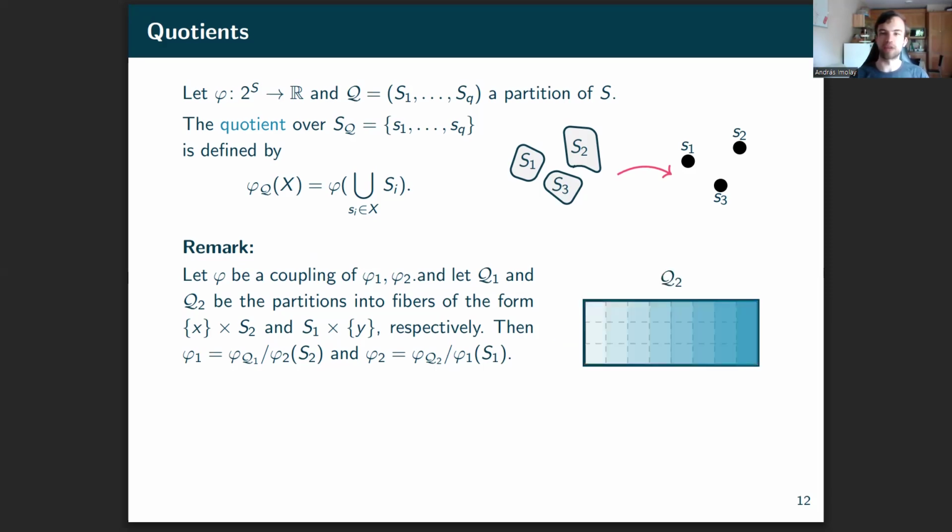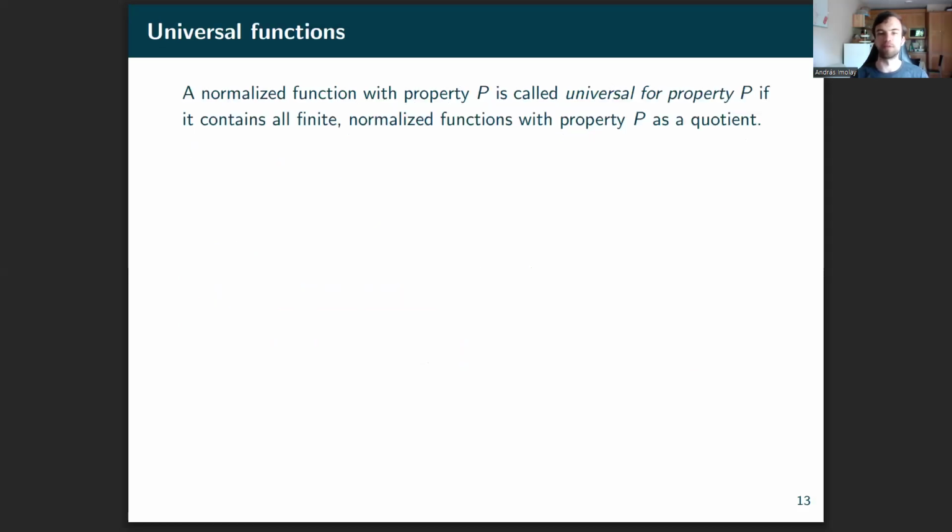And also, if we look at the partition corresponding to the columns, then the quotient with respect to this is the second function. Actually, this was our main motivation for examining these couplings, because we wanted to find a kind of common lift. That is, if we have two submodular functions, we wanted to find another submodular function such that both of them are a quotient of it.